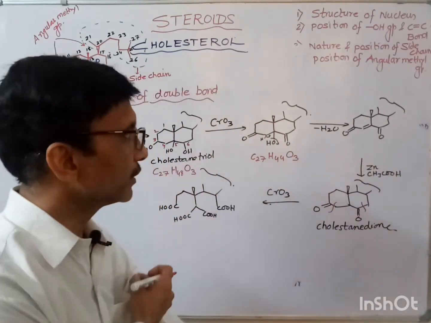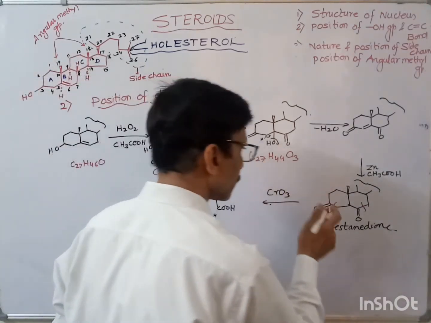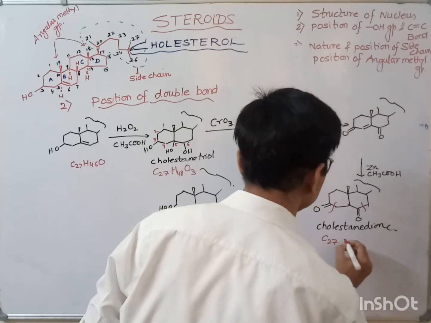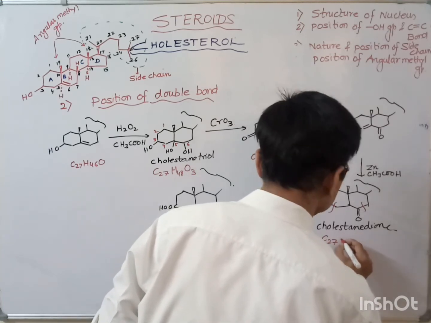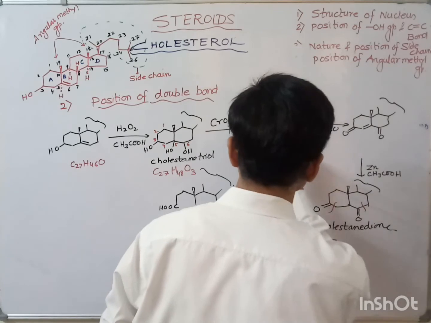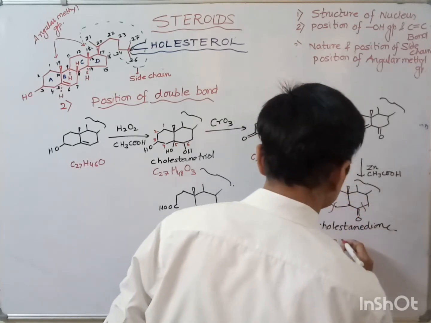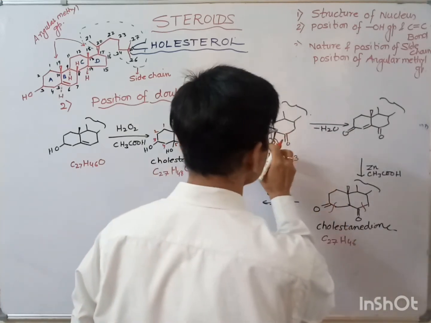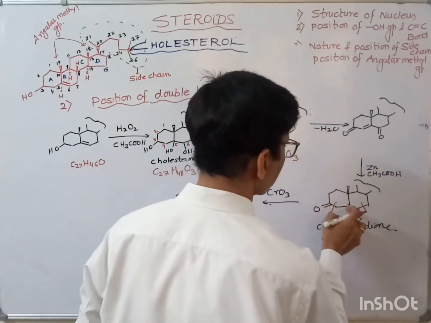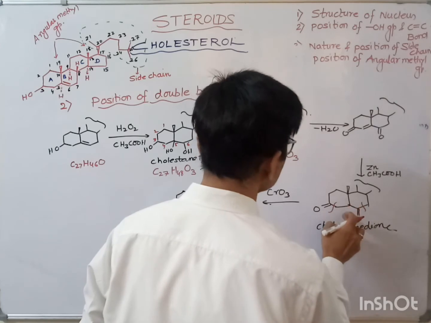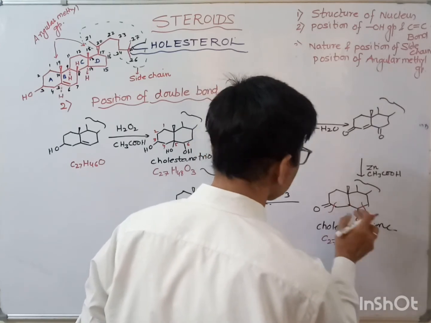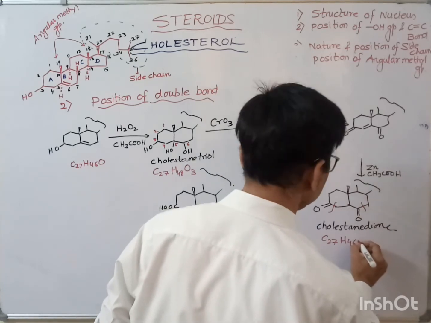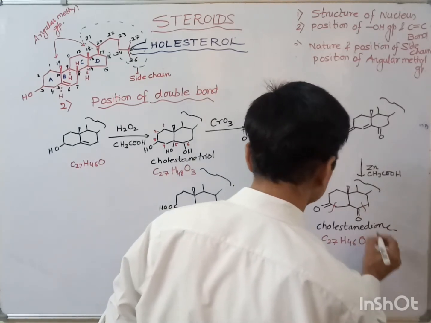Now if I write the formula of this one, this is C27H46. 2 hydrogens, this is one of the hydrogens, and one hydrogen is added over here. So this is C27H46O2.